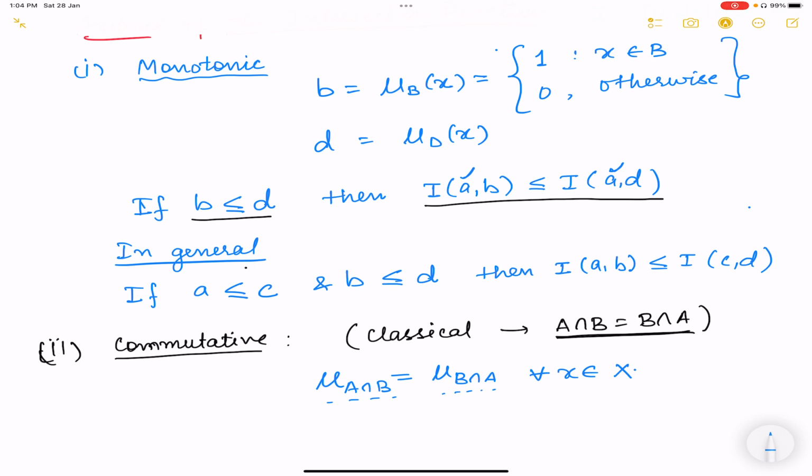So in the way we are studying, we can write this as intersection of AB is equal to intersection of BA. I hope this is clear.